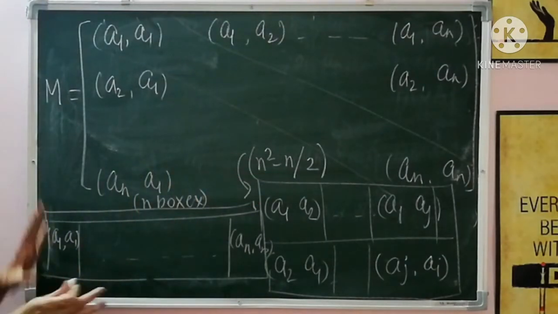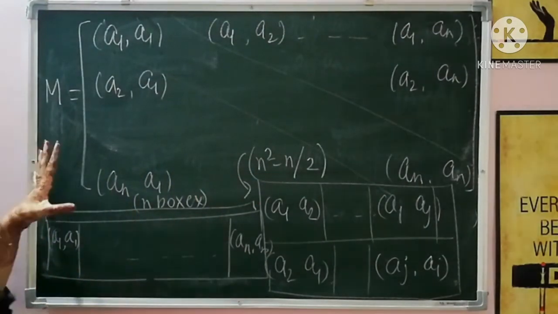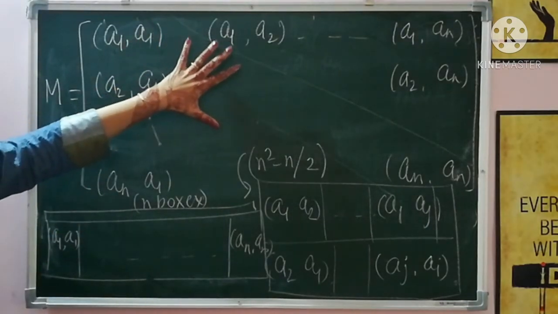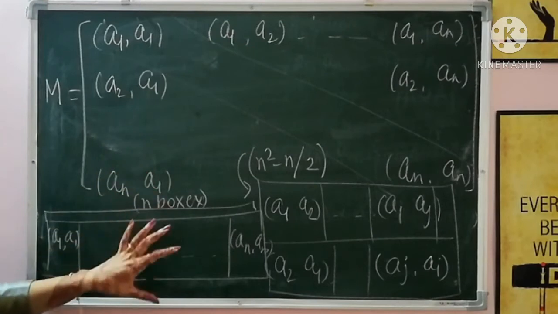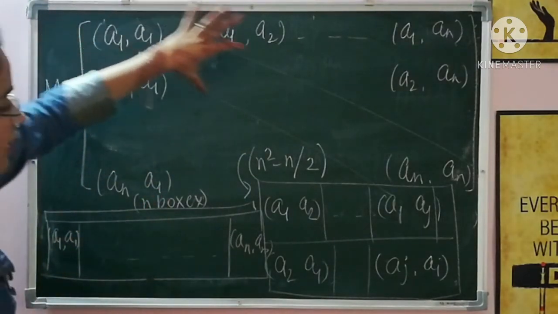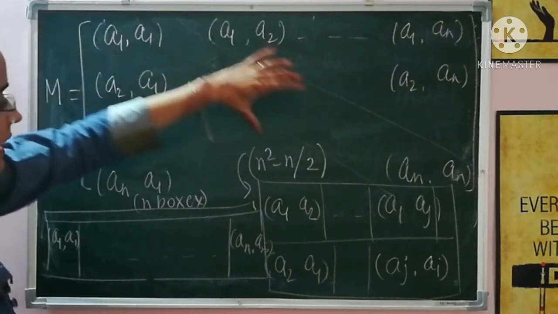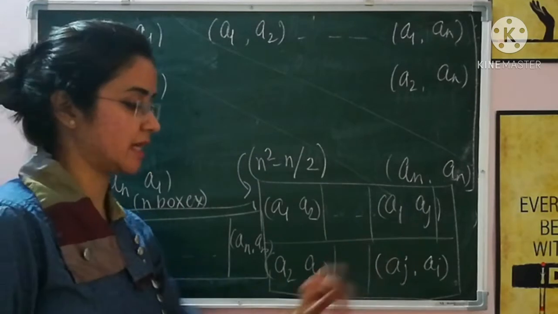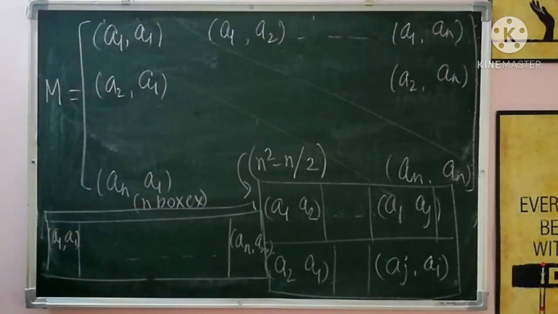So this is some kind of representation of your Cartesian product. This is the matrix representation, which is quite logical, and this is the other one, where we extracted the diagonal elements separately and placed the non-diagonal elements in this way. Now whatever I am going to do is applicable on both diagrams.